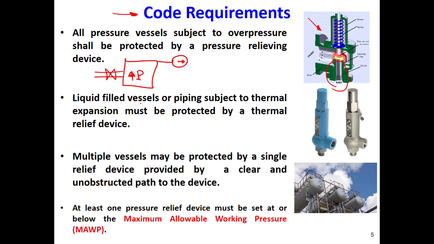If we have a vessel or a piping system that is filled with liquid, that liquid might go through thermal expansion. Thermal expansion means there might be an increase in temperature, and this increase in temperature can increase the volume.